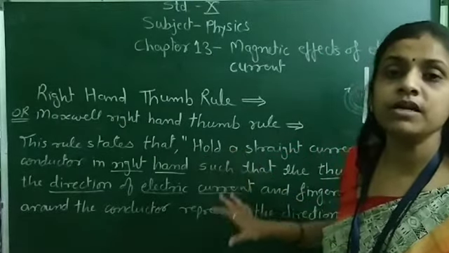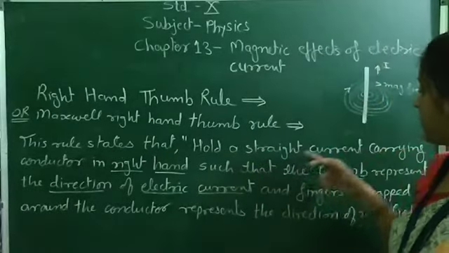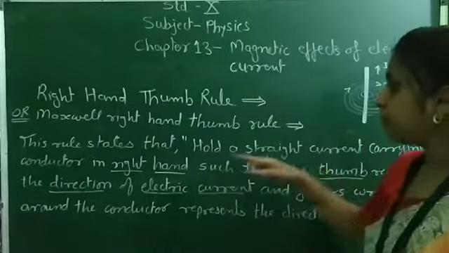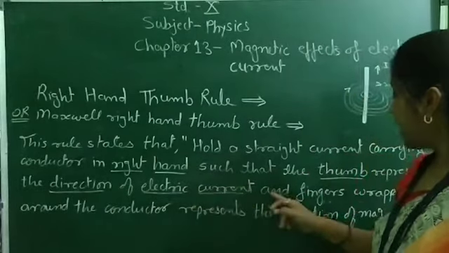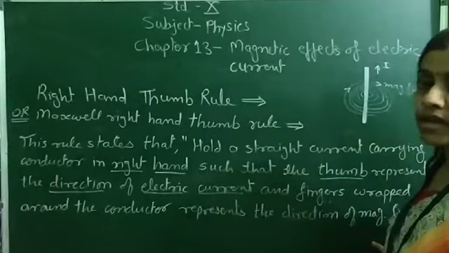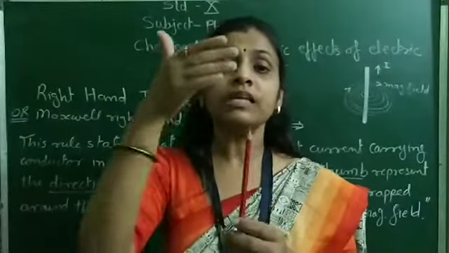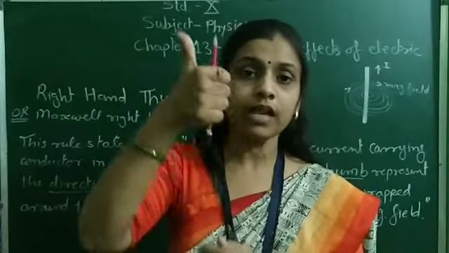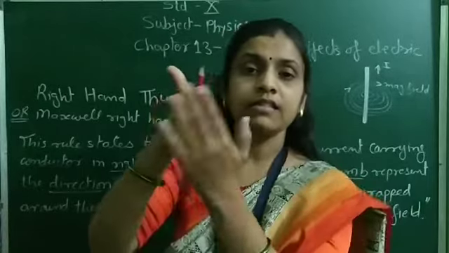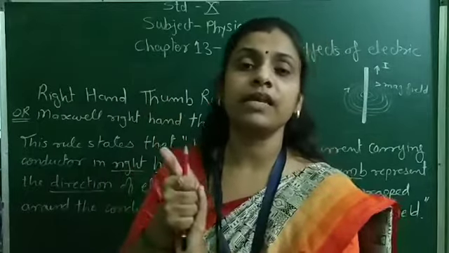And what is the statement of the right hand thumb rule? This rule states that we hold a straight current carrying conductor in the right hand such that the thumb represents the direction of electric current and the fingers wrapped around the conductor represent the direction of the magnetic field.